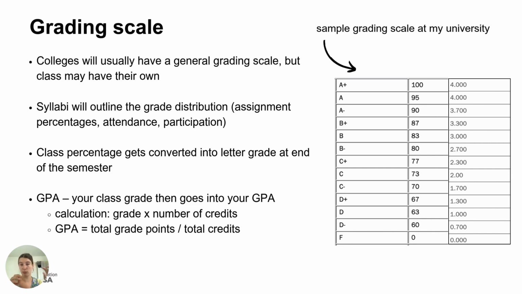And so those total grade points, 12, will be divided by the total number of credits, which in this case was 3. And so then say this example is you only taking one class. So very hypothetical, but 12 divided by 3, your GPA will be 4.0. And as you can see here, a 4.0 is the highest GPA you can have.